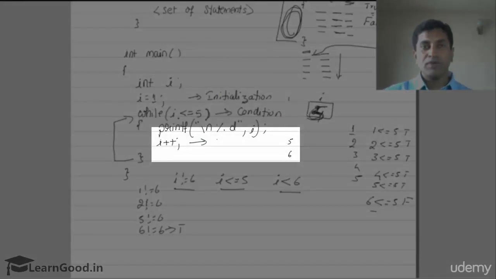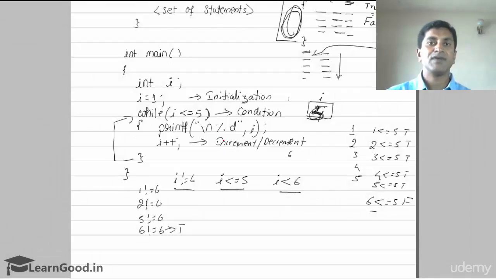The variable which is controlling this loop has to be either incremented or decremented. So every loop statement will have these three things: an initialization, a condition which will control the loop, and then incrementation or decrementation of that controlling variable.